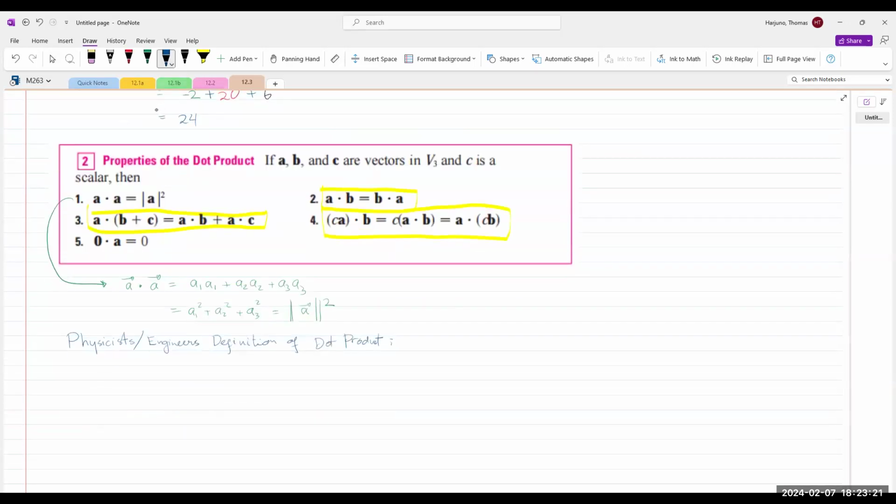You will see that these two definitions are actually equivalent. In other words, from one, you can get the other one. So the dot product of A and B is the magnitude of vector A times the magnitude of vector B times the cosine of the included angle.